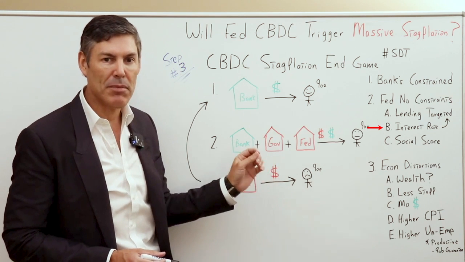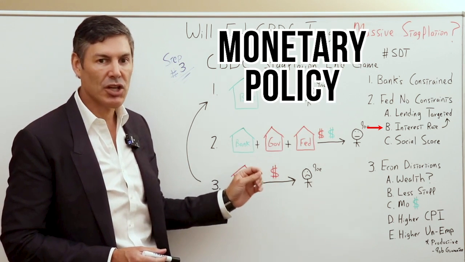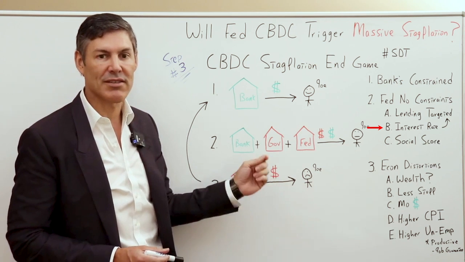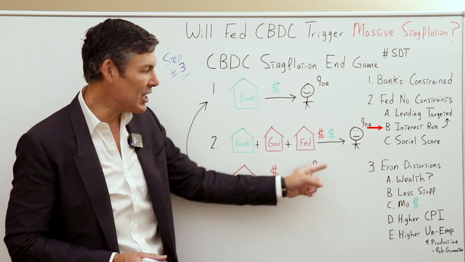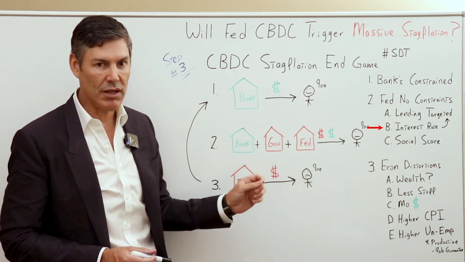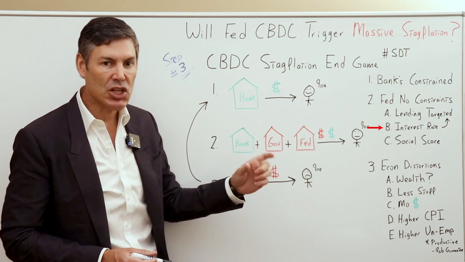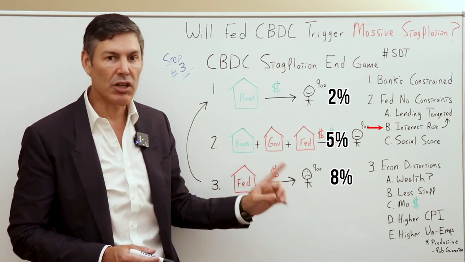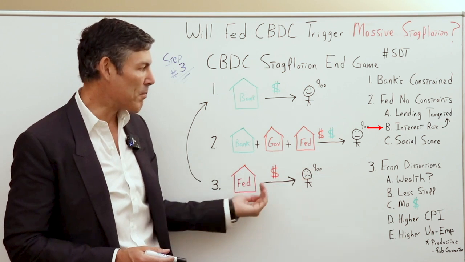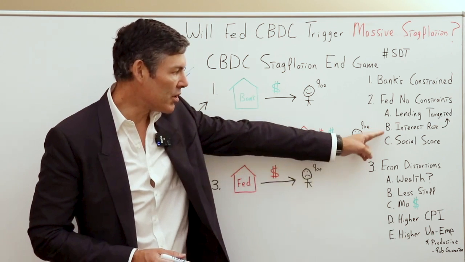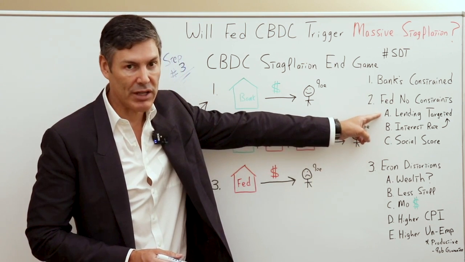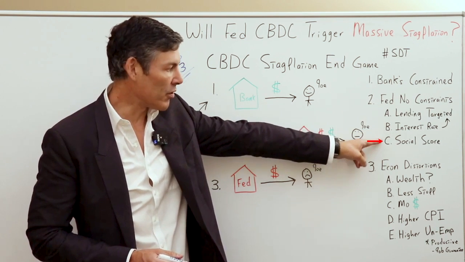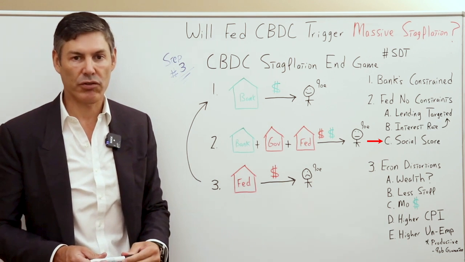It would basically be monetary policy, not just for the entire country or the entire economy or society at large, but for each individual in the economy. They could each have a different interest rate based on what? Well, if they don't have the constraints to be paid back, they could set the interest rate or the amount of lending based on not only who has political favor, but also who has the best social score.